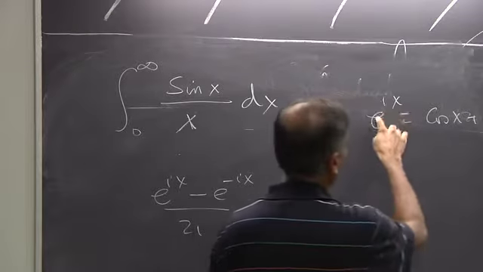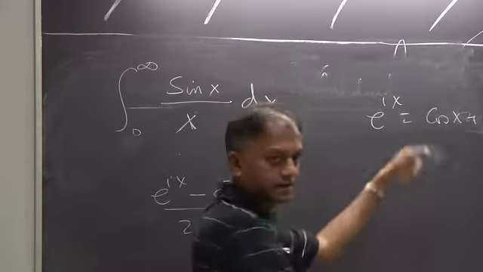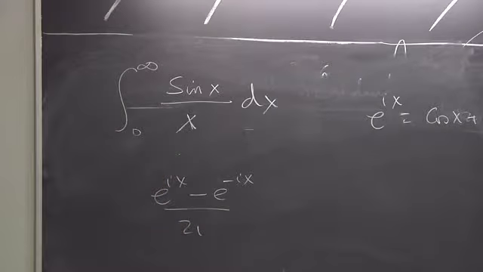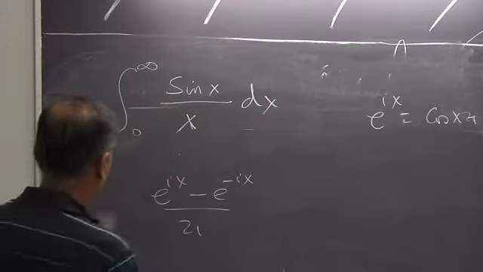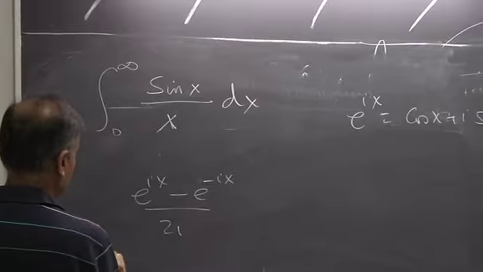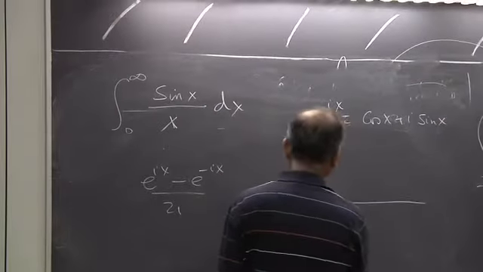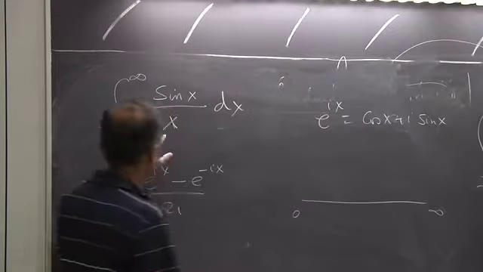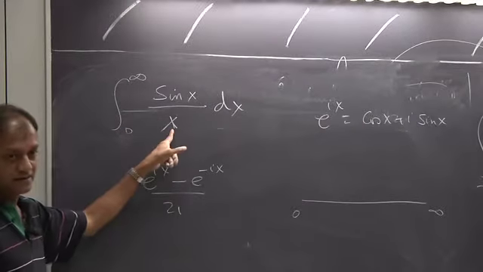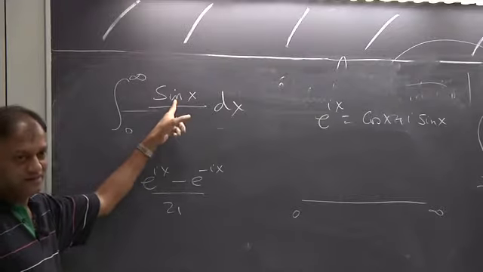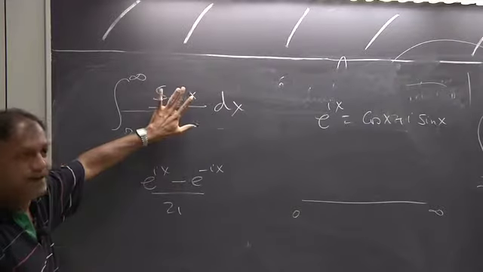So you take this plus e to the minus ix, add and subtract, and you get cosine and sine. And then put it back here. So then there are two terms. First of all, let me point out: you have 0 and infinity. At 0 you may say there is a singularity here, but there isn't, because sin x also vanishes, so this is well defined at x equal to 0.